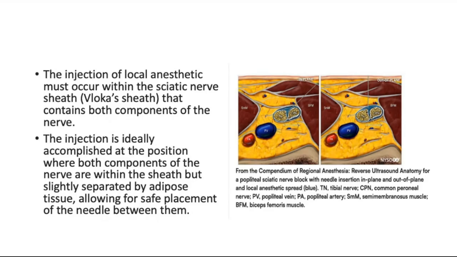In regards to block quality, we need to remember, as Dr. Shwen Nee has mentioned, that the sciatic nerve is the biggest nerve in the human body. So the onset of block can be quite long, even with a good, well-placed block.